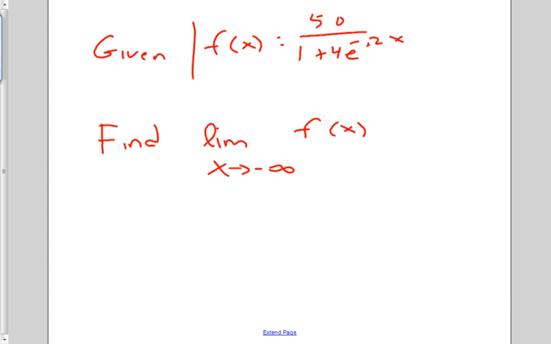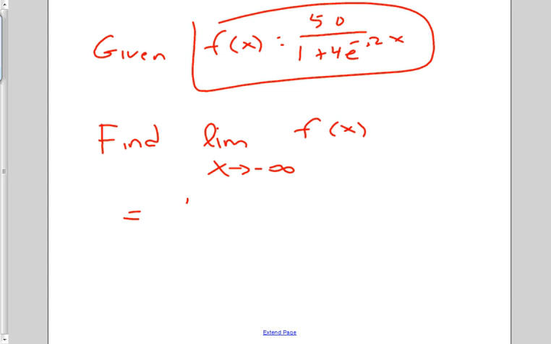Now we're given the logistic model, and we're going to be asked a couple of questions. The first one: find the limit as x approaches negative infinity. Well, this is a little bit ugly math, but I'm going to actually substitute negative infinity. So we get 50 over 1 plus 4 times e to the negative 0.2 times negative infinity. Now, we've got a negative and a negative, so that's going to be positive. This is going to be e raised to a huge number.